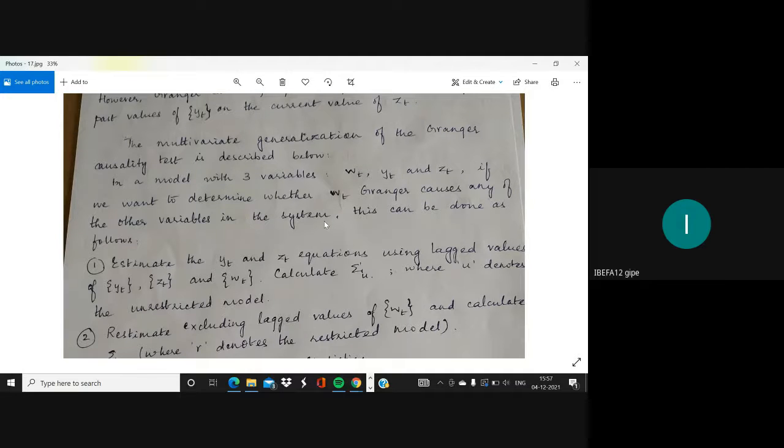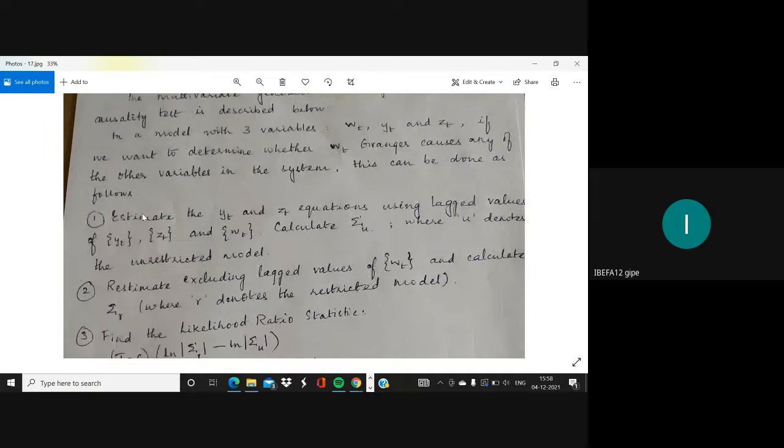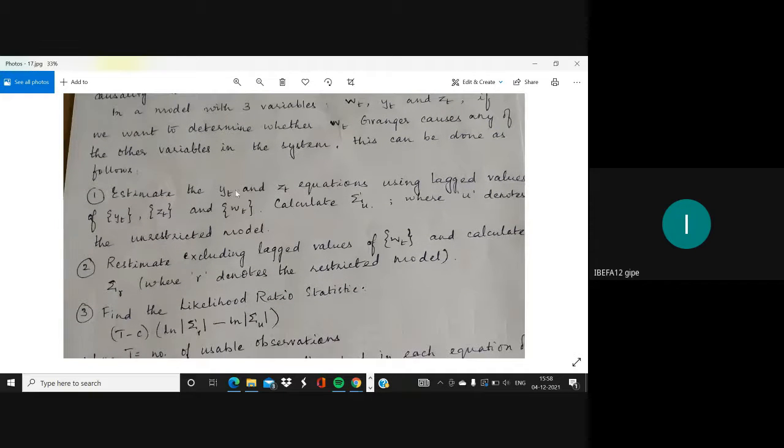If you have a model with three variables, wt, yt, and zt, and we want to determine whether wt Granger causes any of the other variables in the system, you can do it this way. Estimate the yt and zt equations. You can estimate all three also, but for simplicity's sake, we've taken up the first two equations.